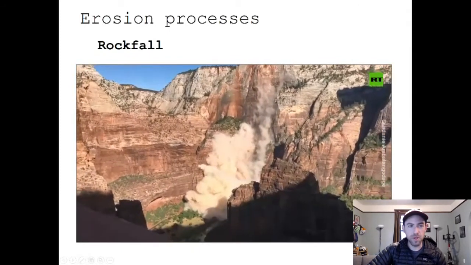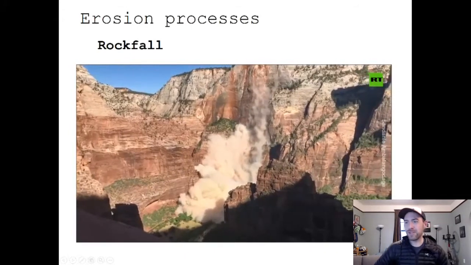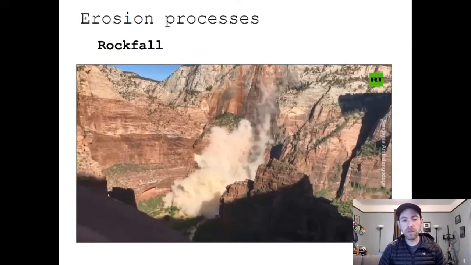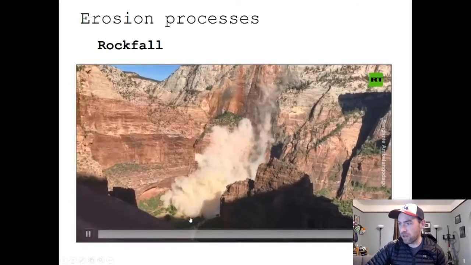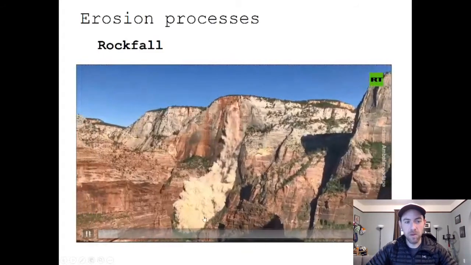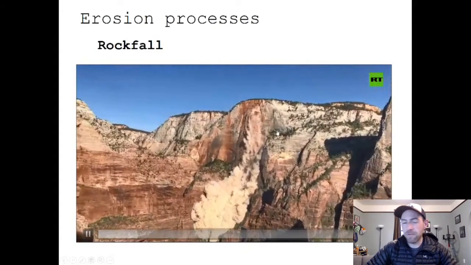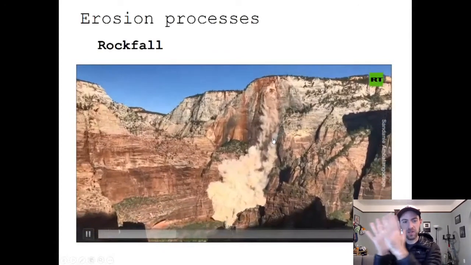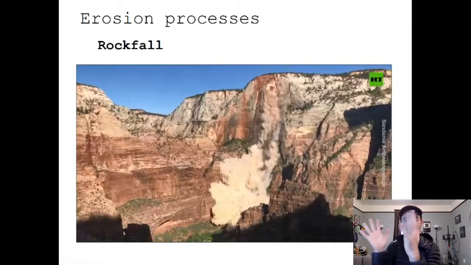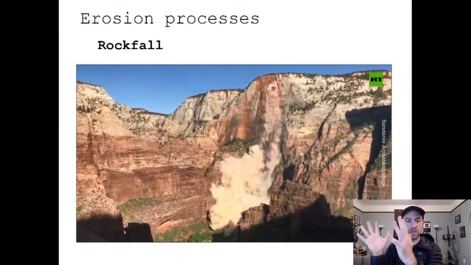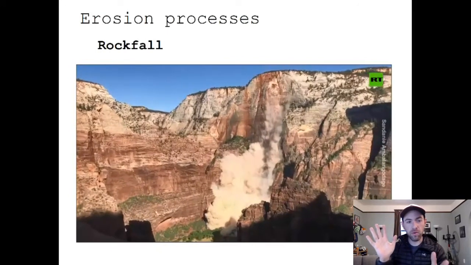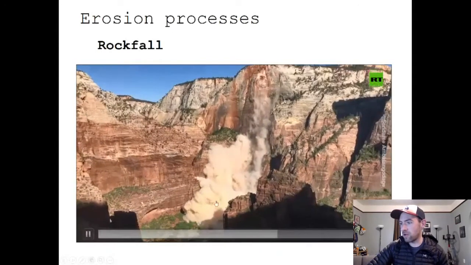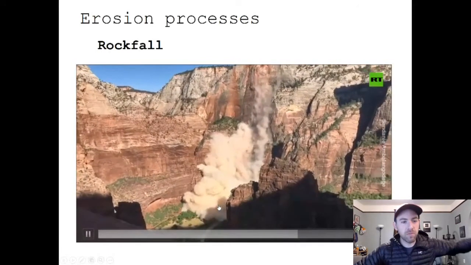So that's a pretty spectacular example of an erosional process that works a lot quicker than most, but can be very effective at moving material, in this case down towards the river valley, where it can then be transported out of the system by the river, right? So this rockfall process was started by the weathering process of thermal expansion that broke the rock up into fractured pieces. When they fell from their original location, that became an erosional process, which then deposited all of that material down into the riverbed, which can then be eroded and transported further down, right?